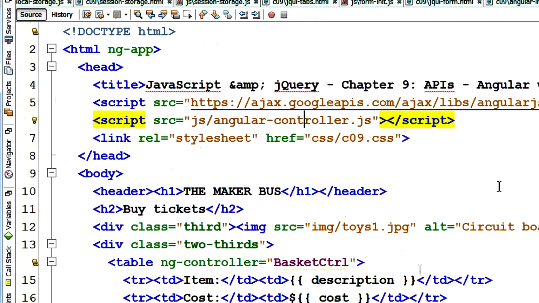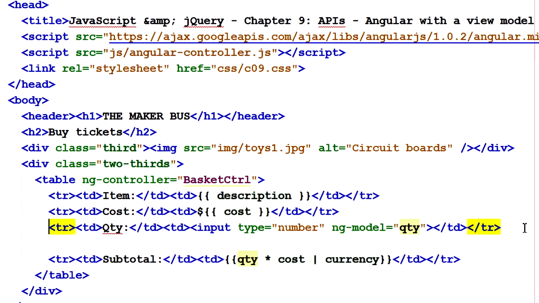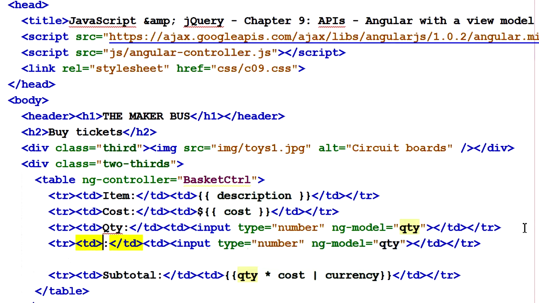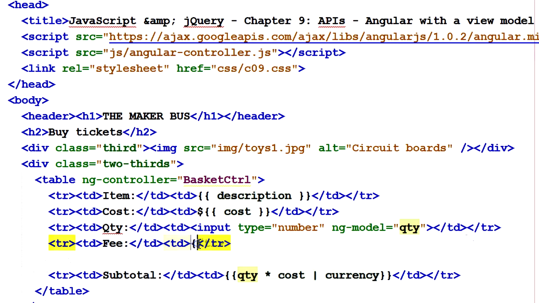And if we look at the Angular controller, I'm just going to add another row here. I'm going to call it fee, and I don't need an input. Actually, I put this in the wrong place. Probably it should be in the table data.